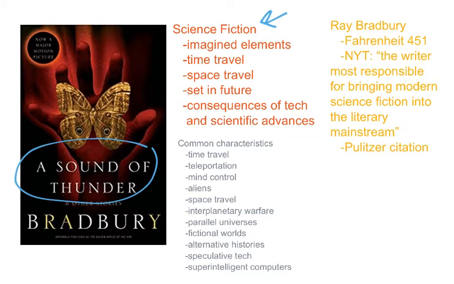We've read some dystopian fiction, like when we read The Lottery. That is a subgenre of science fiction. There's also things like fantasy fiction, supernatural fiction, space operas and space westerns, cyberpunk, steampunk. All of those are subgenres within science fiction.